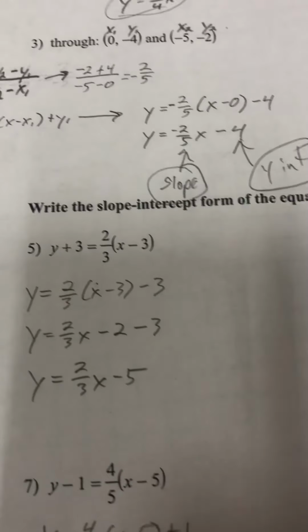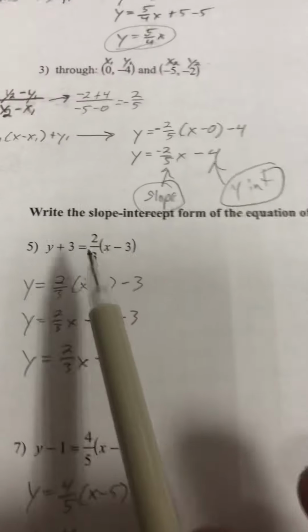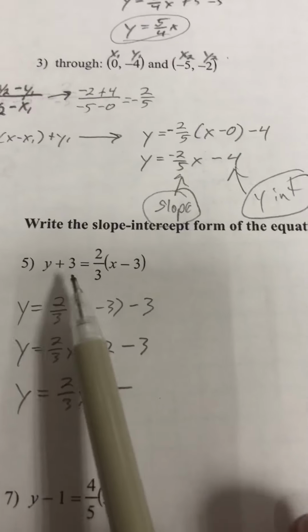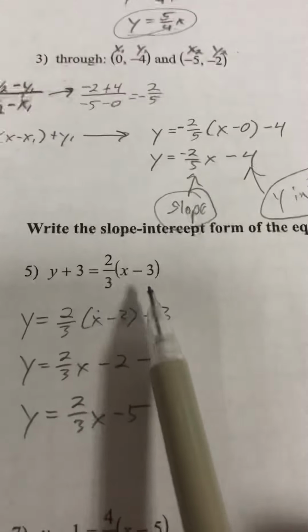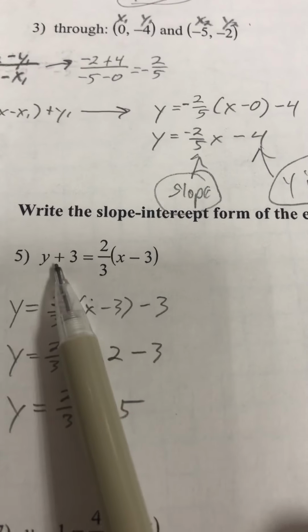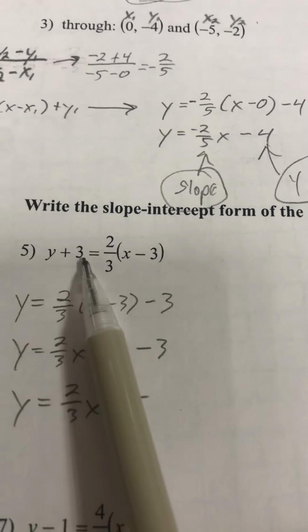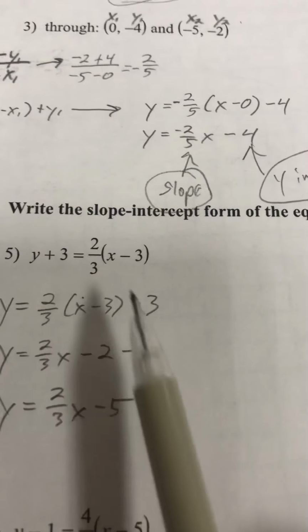Okay, moving on to number 5. This is a little bit easier. You don't have to figure out the slope because they're giving you everything you need. They give you the slope right here. All you have to do is what I did: this is your y1, and you just add it to both sides.